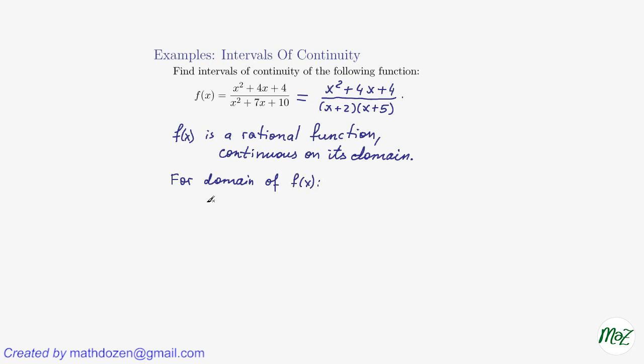For domain of f of x, we set x plus 2 times x plus 5 equal to 0. So we find that x is either negative 2 or negative 5. Those are the points we want to exclude.